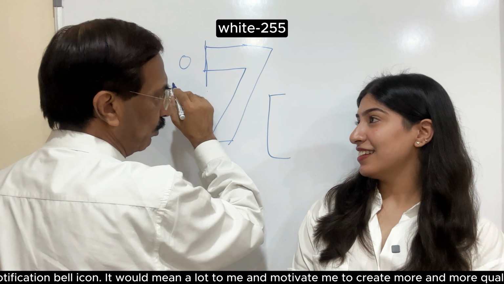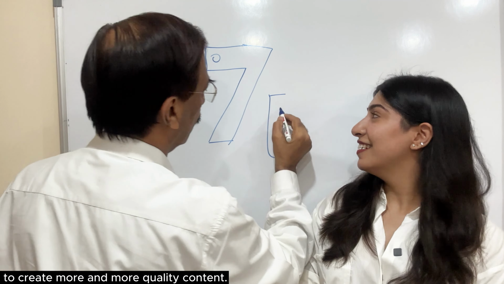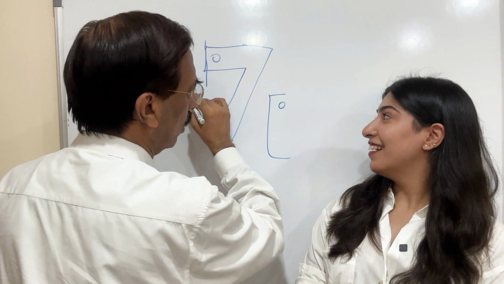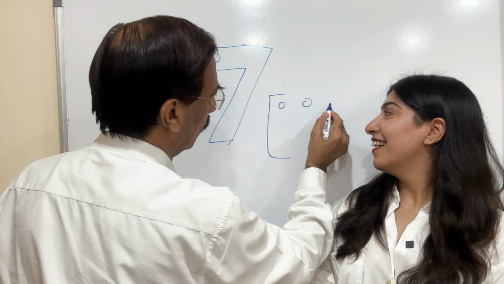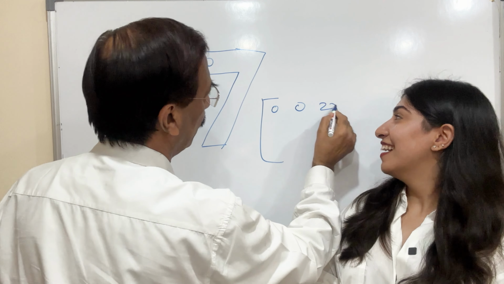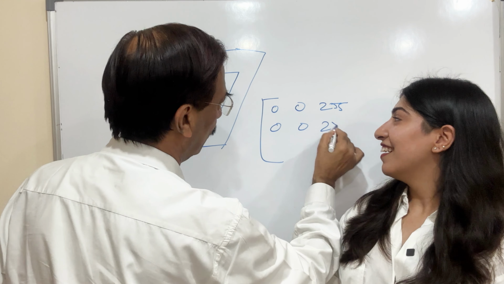You said white is 255, and black is 0. So it will be 0, 0, 255.